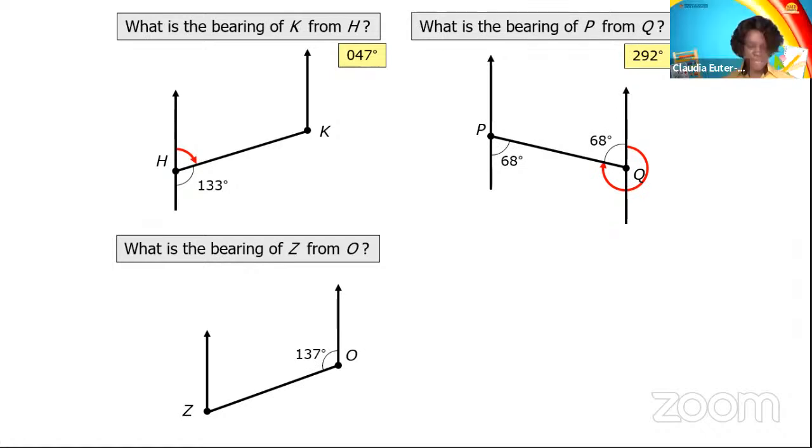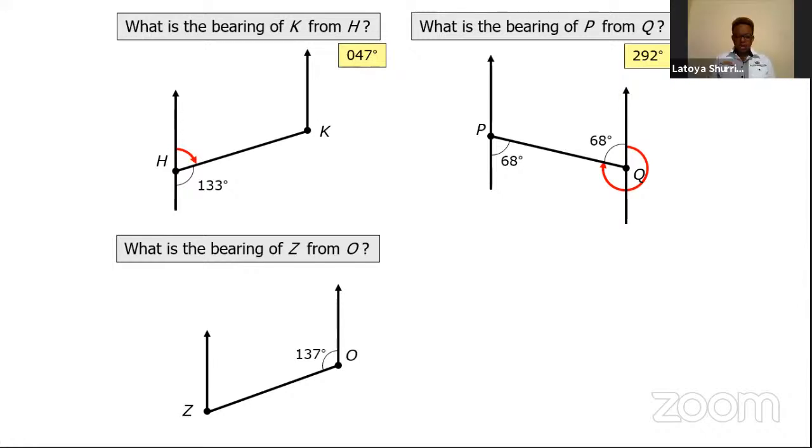So I had a few answers in the chat earlier, and Shane is saying that you're going to be taking 137 degrees from 360 to get 223 degrees. Okay. And Davy agrees, and Jesse agrees. However, KD and Shakira are saying the answer is 043 degrees.